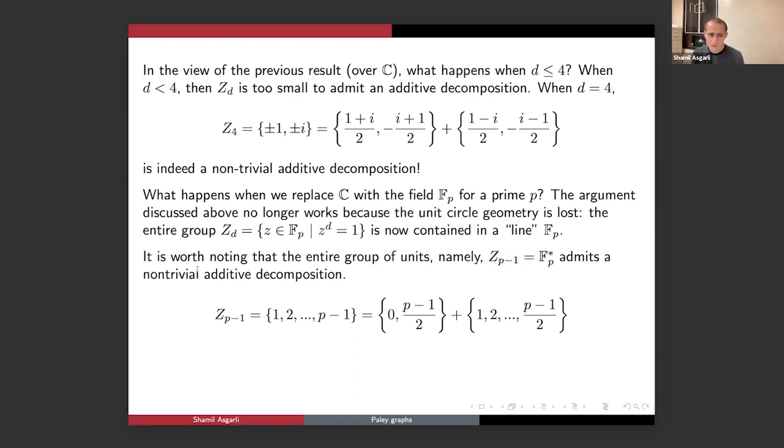And this one, interestingly, does have a non-trivial additive decomposition. That's because you can look at the elements 1 up to p minus 1, and this set can be expressed as a sumset of a set with 2 elements and a set with (p minus 1)/2 elements. It's kind of clear how you do it: if you pick 0 from the first set and add it to any of the elements in the second set, you're going to get the first half of the elements mod p.